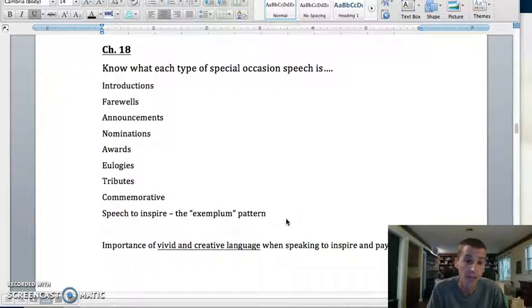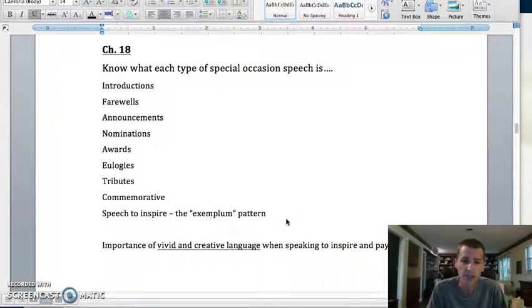All right. And then finally, the speech to inspire. This uses what we call the exemplum pattern. The exemplum pattern states a quote. It identifies the source of the quote, then it rephrases the quote in your own words, and then it applies the quote to the topic throughout the speech.